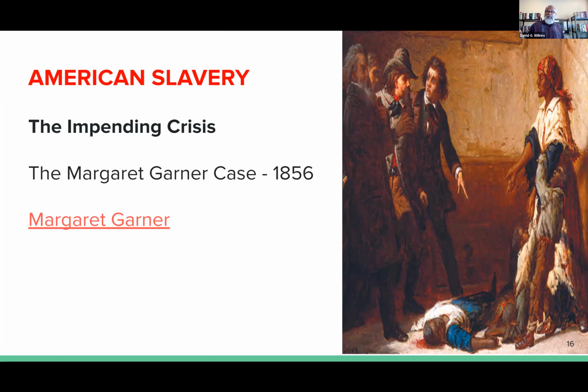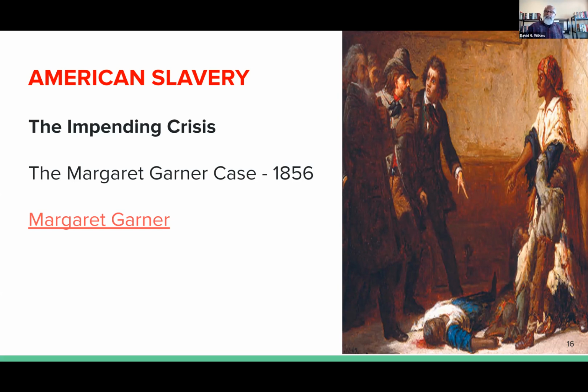Recognizing the potential return to slavery, Garner instead will slit the throats of 2 of her children. And instead of standing trial for those attacks, she's going to be returned to her enslaver in the South.